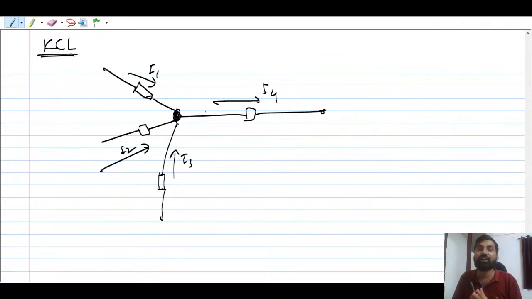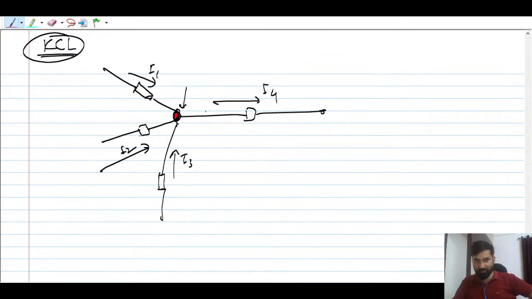If all the currents are known through the branches, you can apply KCL. What is KCL? Basically, Kirchhoff's current law. And we always choose the node to apply KCL. To apply KCL, all you need is to know the current through each branch. So can somebody tell me what is going to be KCL here?